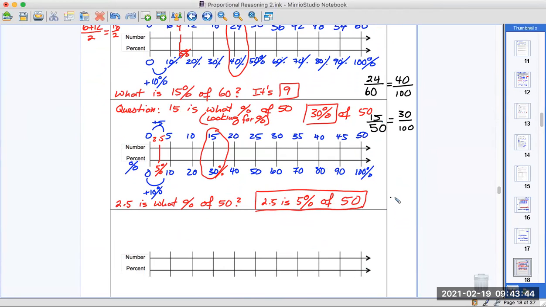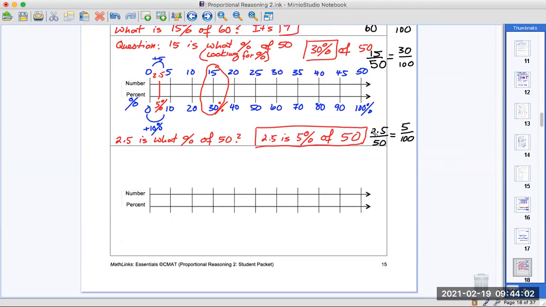So the percent is always over here over 100, 5%. And then the part is 2.5 and the total is 50. Okay, so yeah, those equations or proportions, and the book calls them equivalent fractions, you have to be able to write. So we're getting started on that.